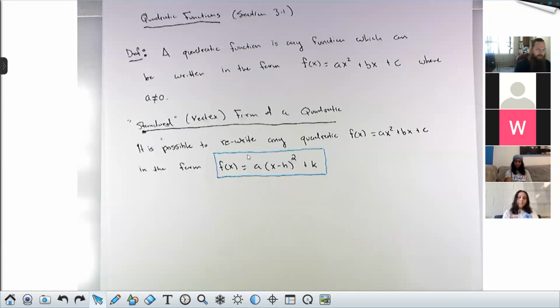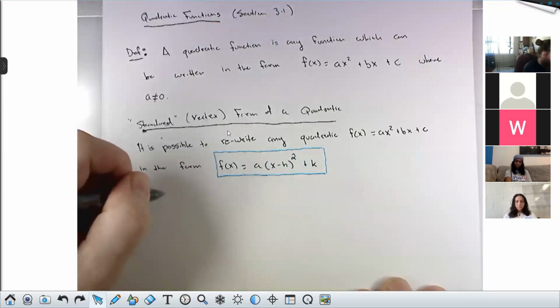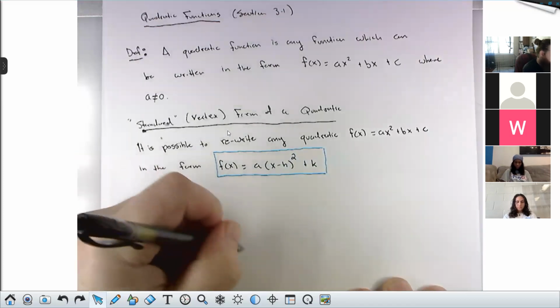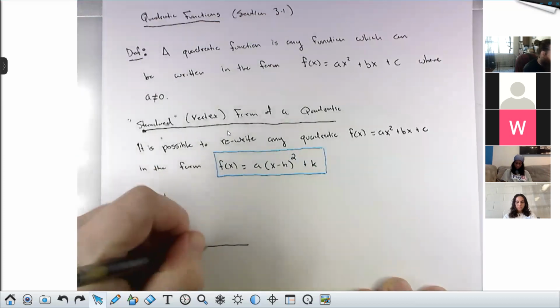So any quadratic, turns out, can be written in this form, which means you can pretty easily come up with the graph. So the graph of such a function, there's many possibilities, but I'm going to try to draw this as generally as I can. I'll assume h and k are both positive.